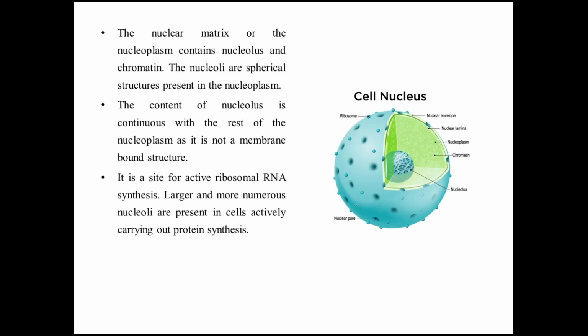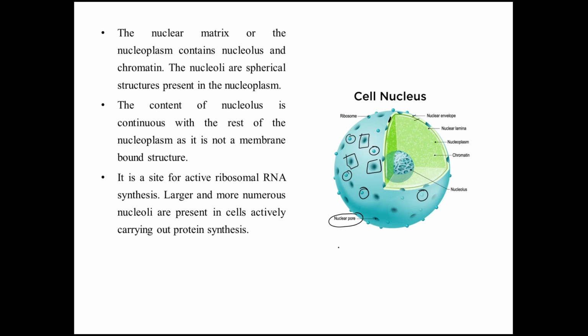In this diagrammatic representation of the cell nucleus, we can see two membranes and a space between them, minute ribosomes on the nuclear envelope, and minute pores on the nuclear surface called nuclear pores.